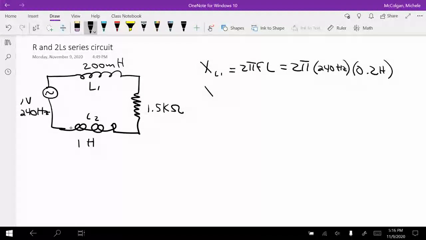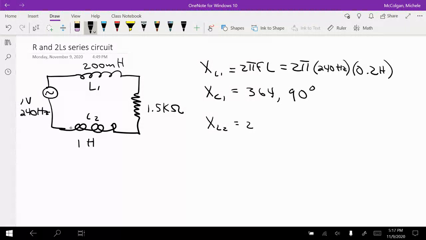And so XL1 is equal to 364 at 90 degrees.